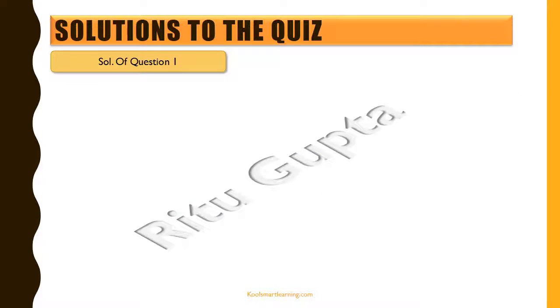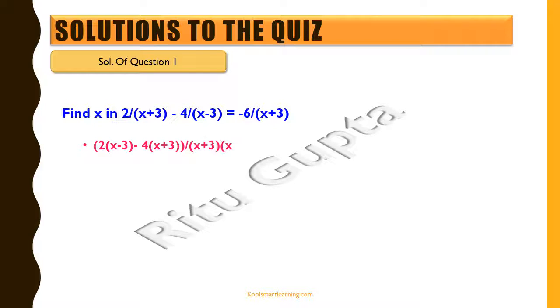Let's look at the solutions for the first quiz. Find x in this equation. What we're trying to do here is, we are taking the common factor of the denominators as the denominator, and then taking the LCM, and then we try to solve them as we do in normal arithmetic operations.